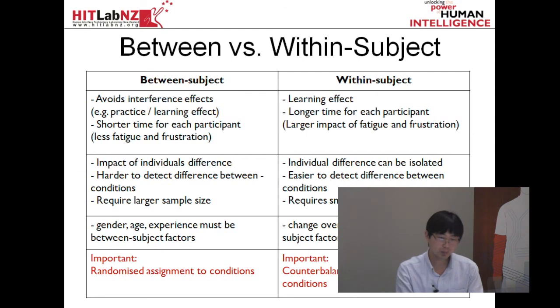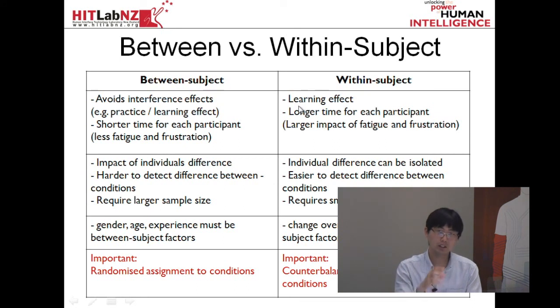So if you think of the cons and pros of each of the methods, first, within subject, where you let each of the participants try all of the conditions, it will need longer time for each participant, right?